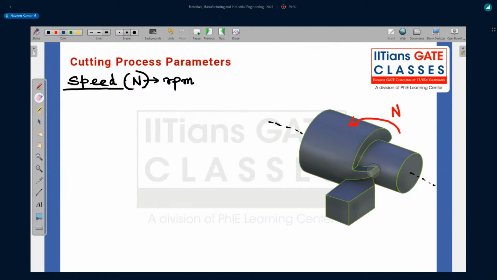Chip. The chip is coming out as this rotates, so there is some kind of relative velocity happening between the tool and workpiece. This is the tool, and this is the workpiece.